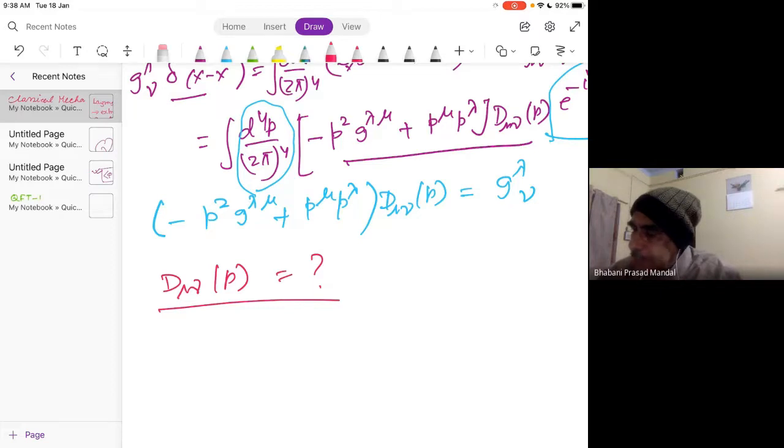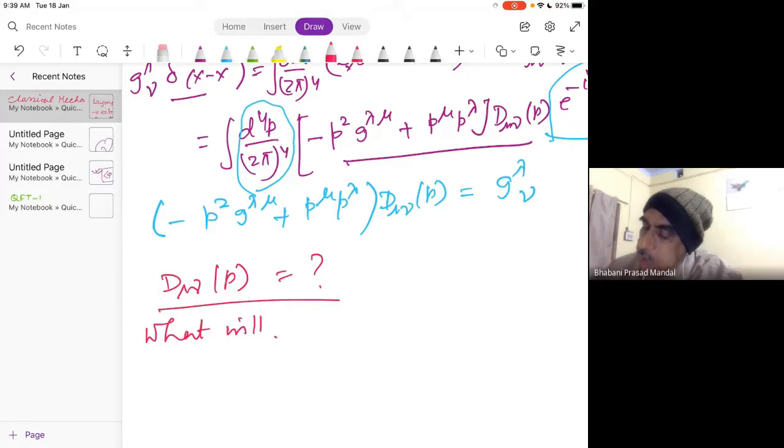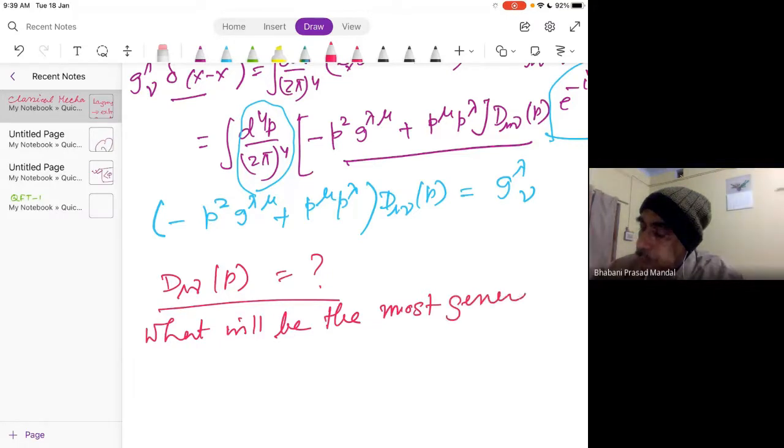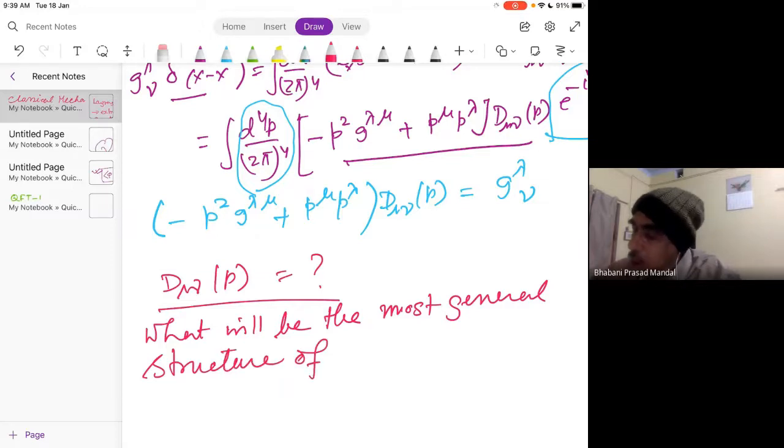So there is an indirect way, and I'll tell you how to find it. First, what will be the most general structure of a rank 2 tensor?